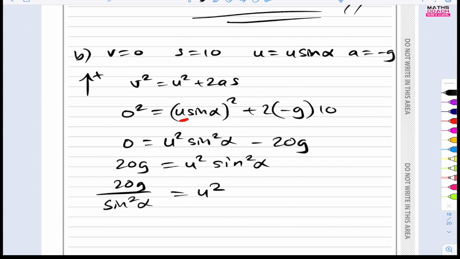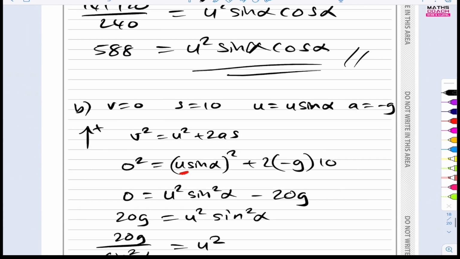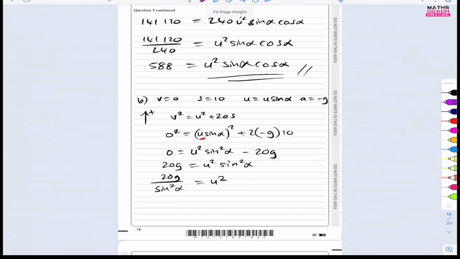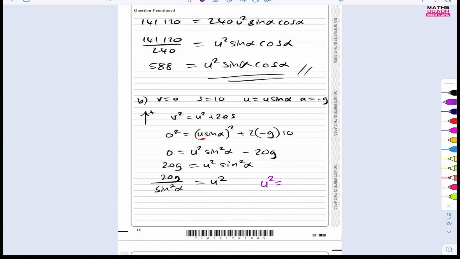And we're going to make 20g divided by sine squared alpha is equal to u squared. Now, earlier on, part A, we had this. So look, can you see we can make an expression for u squared and sub it right there? So we can say that u squared is equal to 588 over sine alpha cos alpha.